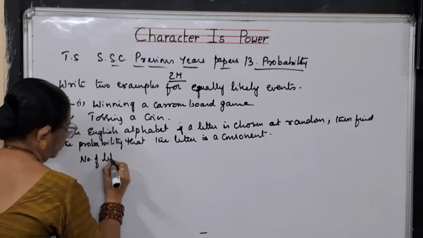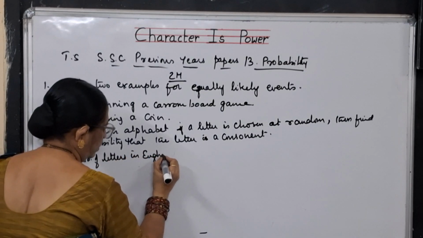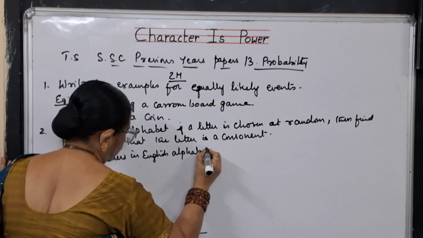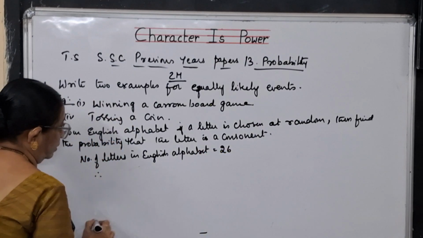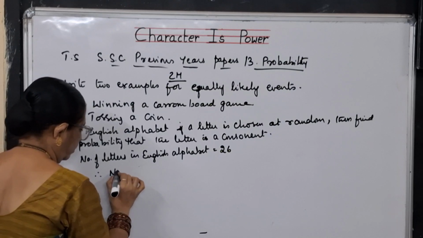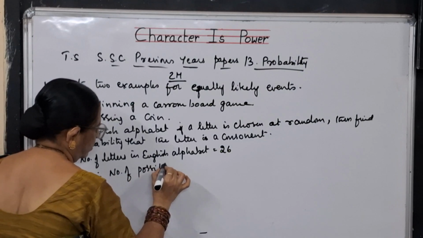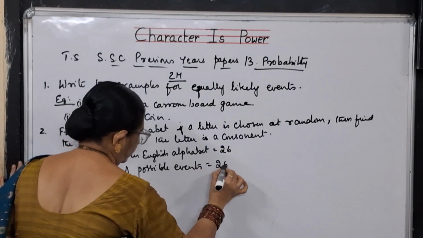Number of letters in the English alphabet. How many are there, children? There are 26. So what we will write here? Number of possible events is equal to 26.